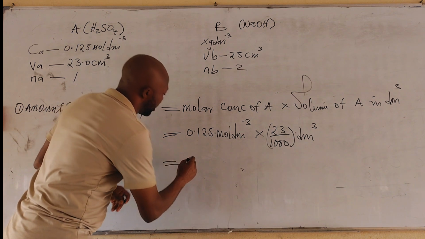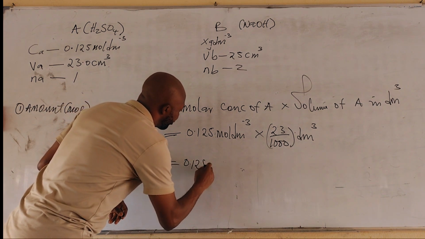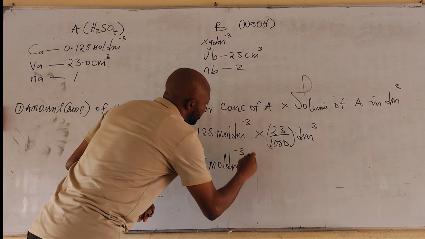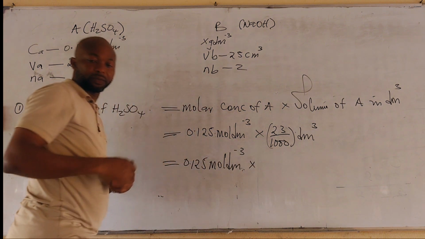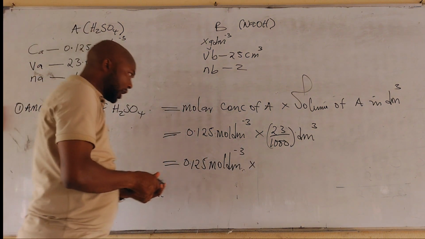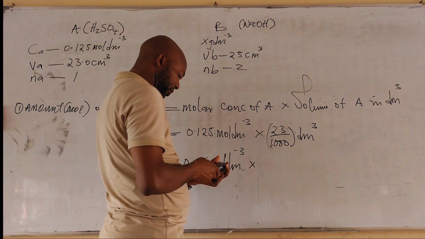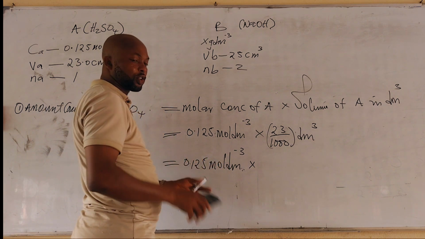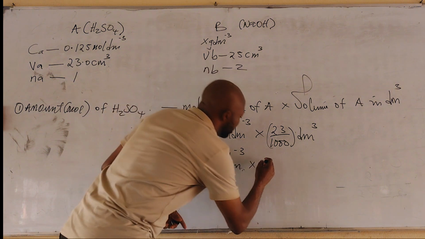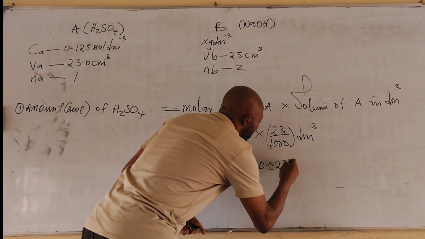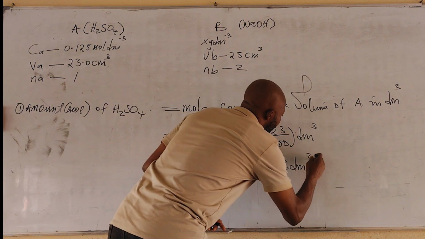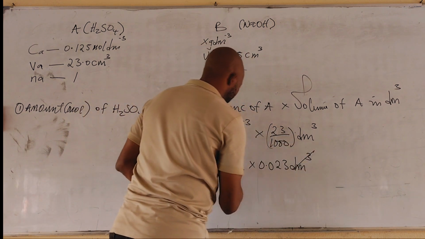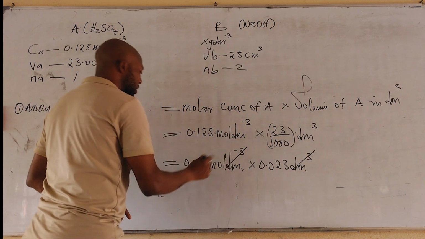We have 0.125 mole per dm cube times, 23 divided by 1000, we have 0.023 dm cube. We know that this and this will go. What is left is in mole.